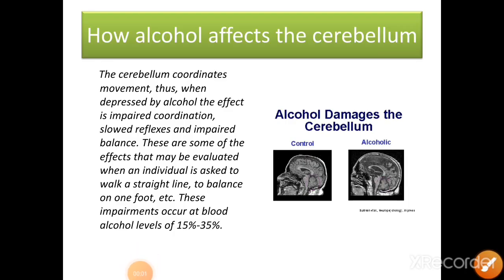Let us now see how alcohol affects the cerebellum. When you know that the cerebellum coordinates movements, then when it is depressed by alcohol, the effect is impaired coordination. That means there is no good coordination. The reflexes get slowed down and there is no balance in the body. This happens when alcohol is there.